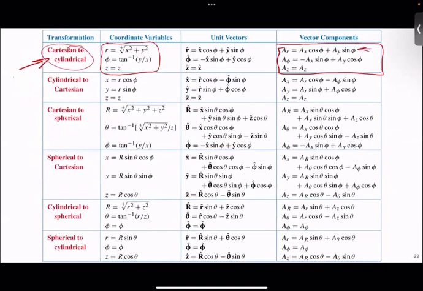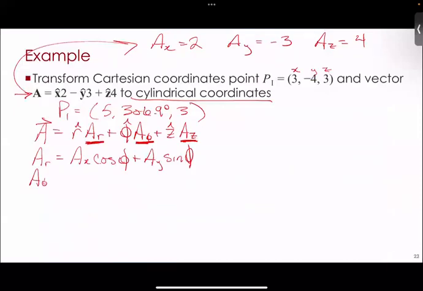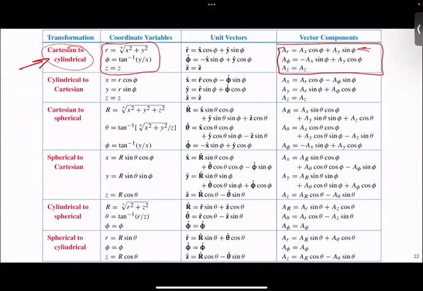Okay, so that's that one. The next one is minus AX sine phi plus AY cos phi. And the last one for AZ is nice and simple. Look at that. AZ equals AZ.